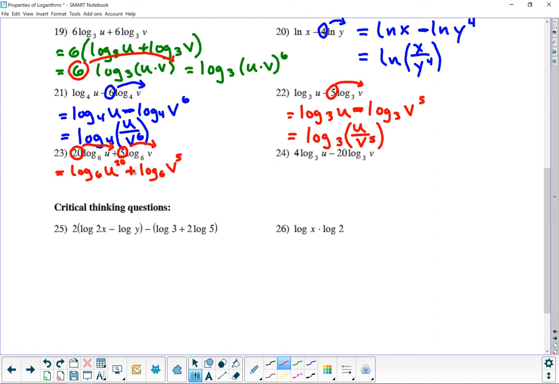Okay, and then noticing that this is a sum, I can rewrite this as a product with a single log base 6, and then I'm going to use parentheses, u to the 30th times v to the 5th power. Okay.